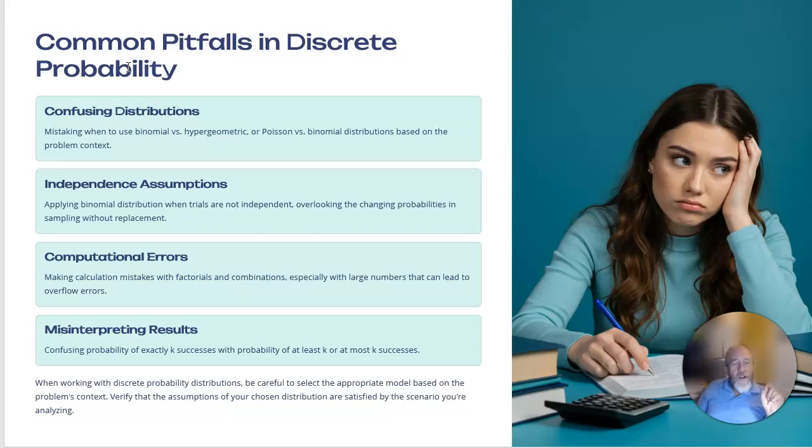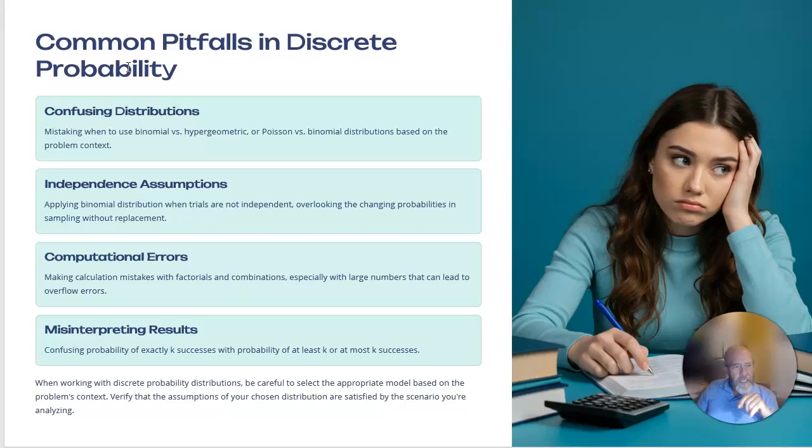Second, know whether events are independent. The biggest mistake most people make is they use the binomial distribution essentially for everything, when there is not independence amongst the trials, and they get bad results.